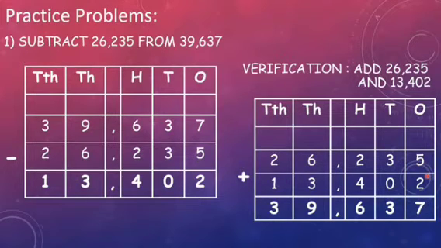So now I add 5 plus 2 is 7, 3 plus 0 is 3, 2 plus 4 is 6, then 6 plus 3 is 9, 2 plus 1 is 3. Now children, if you observe the answer I've got here, 39,637 happens to be the minuend we had earlier.